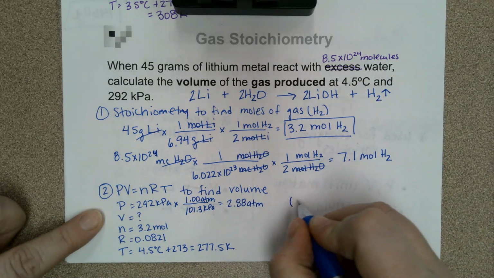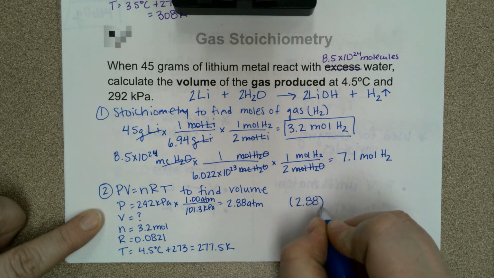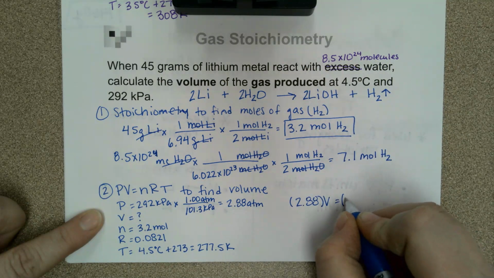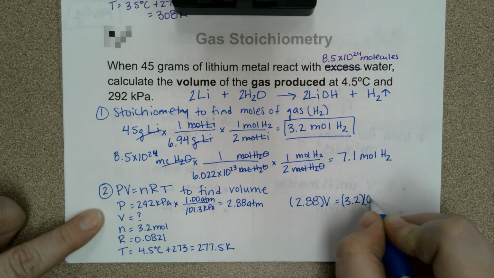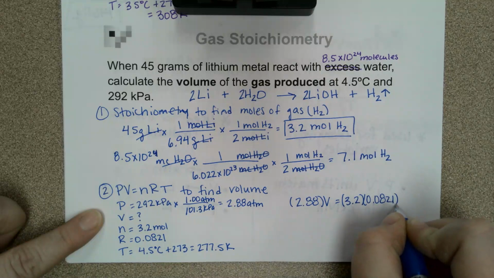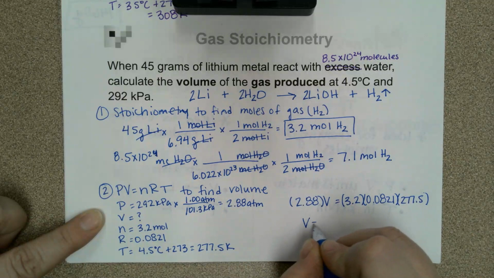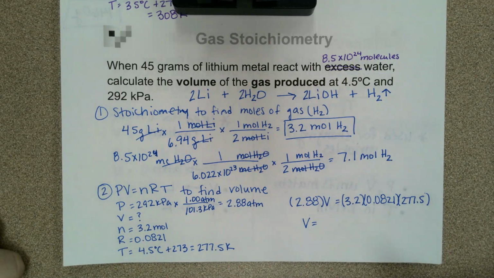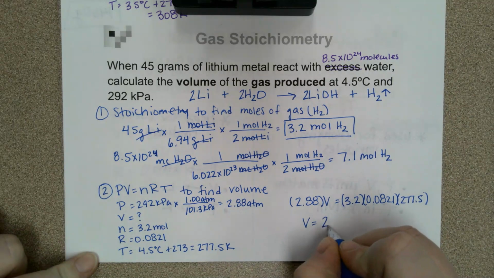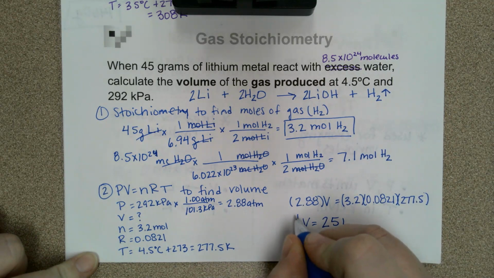All right, plug our numbers in and solve. And your answer should only have two significant figures since our 3.2 is two significant figures. So calculations, you should get 25 liters.